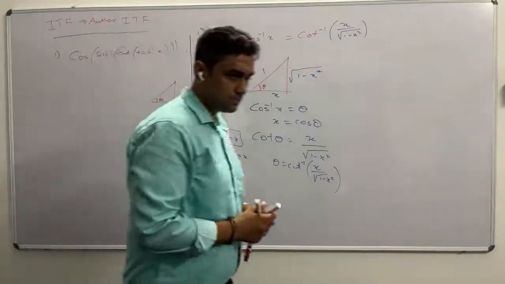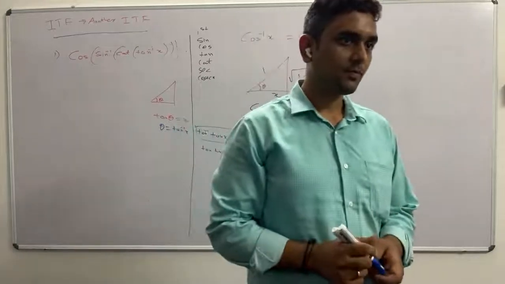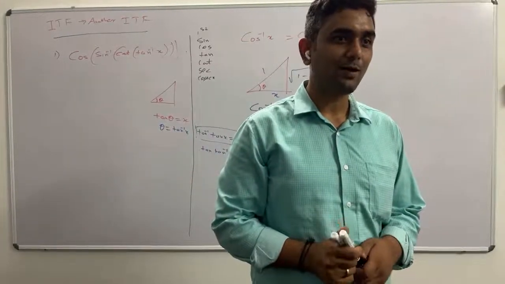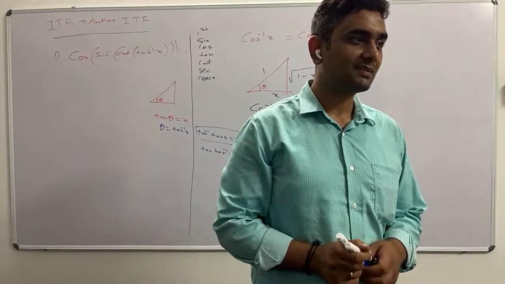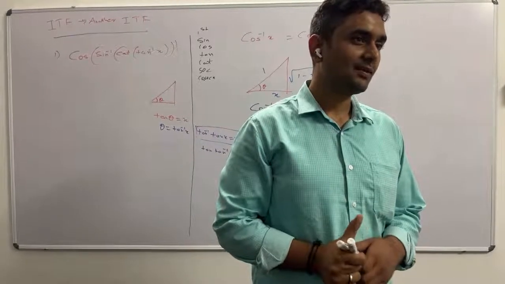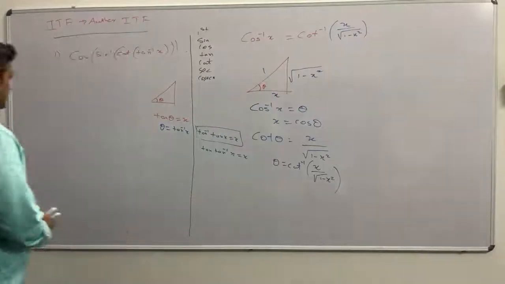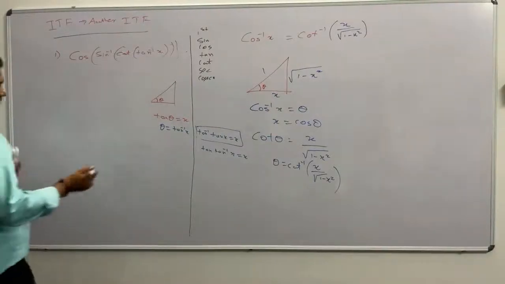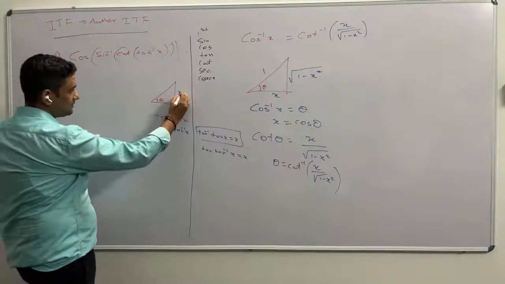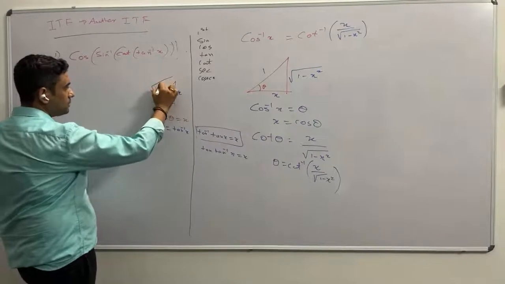Now all of you are getting different answers. Now, more than checking, I'm getting scared. All right, you should use the Pythagoras theorem properly. Let's have a look at it. So this will be x, this is 1. So this has to be root over 1 plus x square.